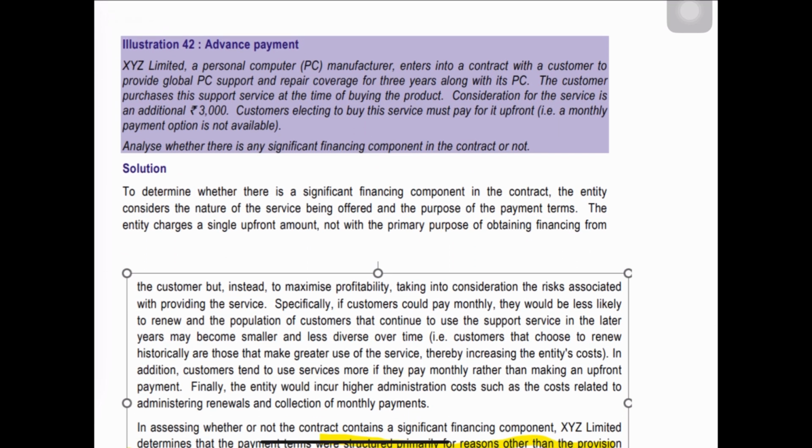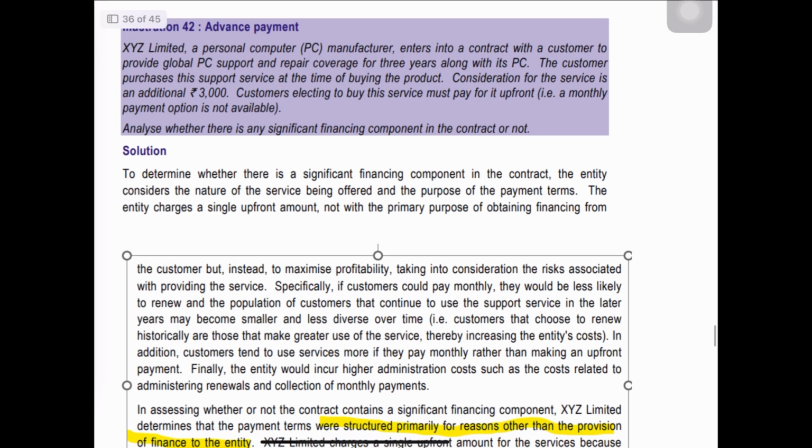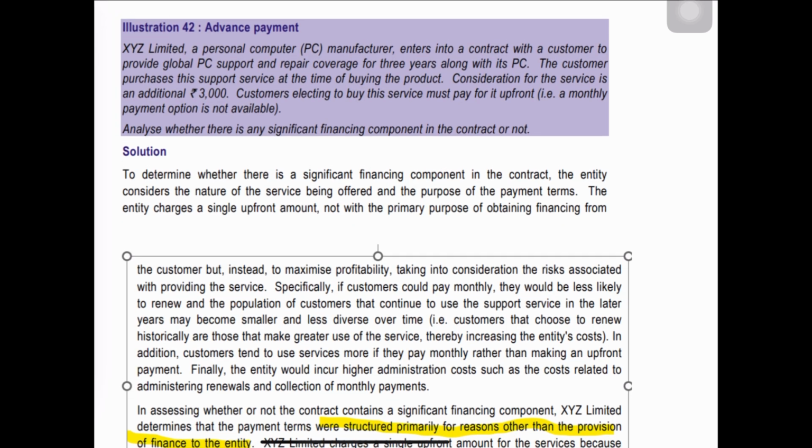Okay, so let's go through the next example. So here XYZ Limited, a personal computer manufacturer, enters into a contract with the customer to provide global PC support and repair coverage for 3 years along with its PC. The customer purchases the support services at the time of buying the product. So at the time of buying the product itself, the service is offered.